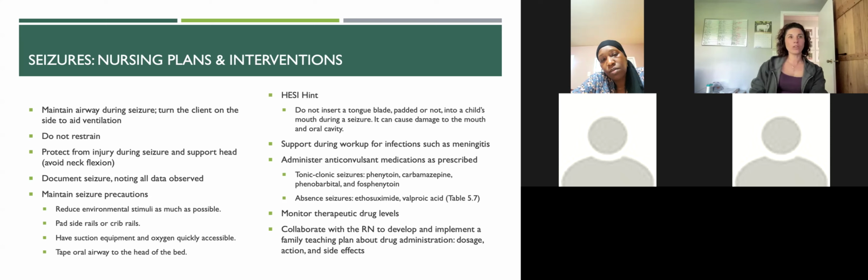So keeping an eye on those medication levels and then helping parents understand the importance of sticking to the schedule, how to administer it, what the dosage is, how to measure that, how it works, what the side effects are. Those are going to be really important, especially when you're between those lab days. So looking for those signs of too much or too little medication.